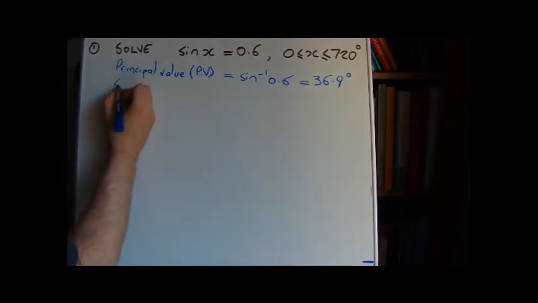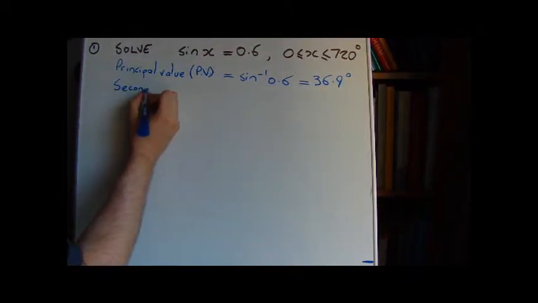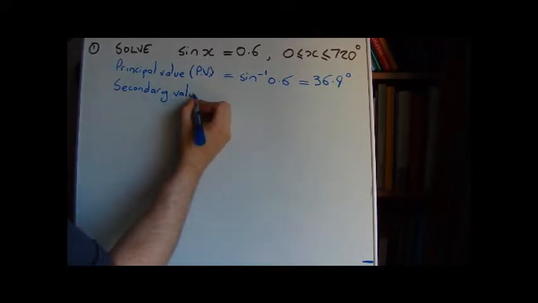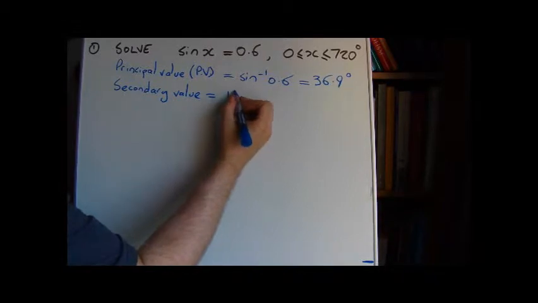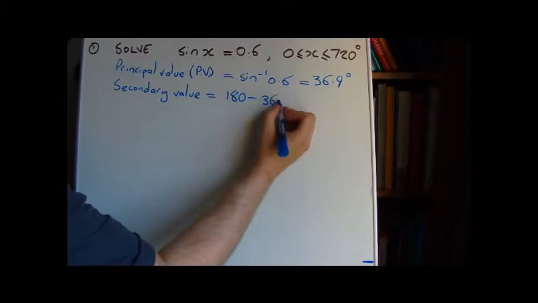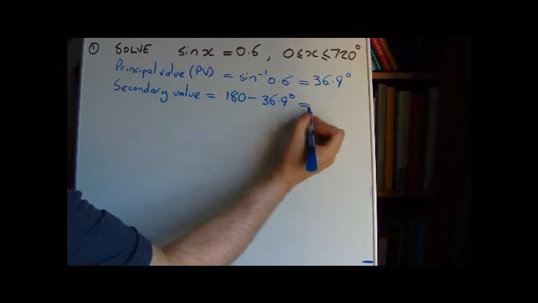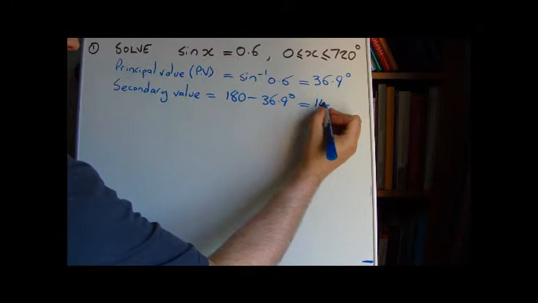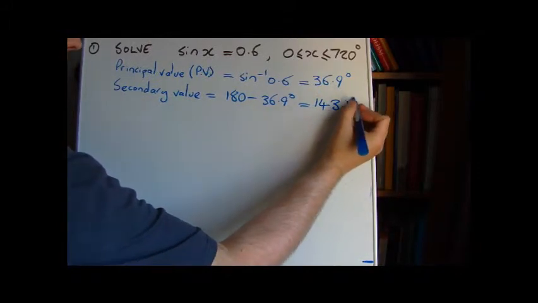We'll also need something called the secondary value. The secondary value is related to the principal value by subtracting it from 180 degrees. So if we subtract that, we will get 143.1 degrees.